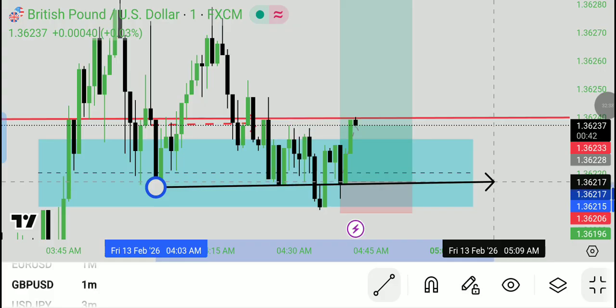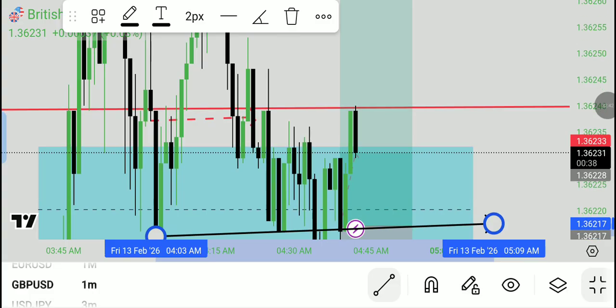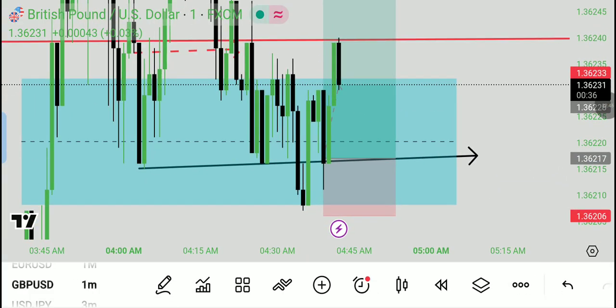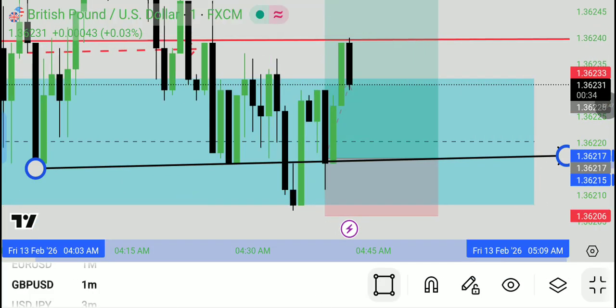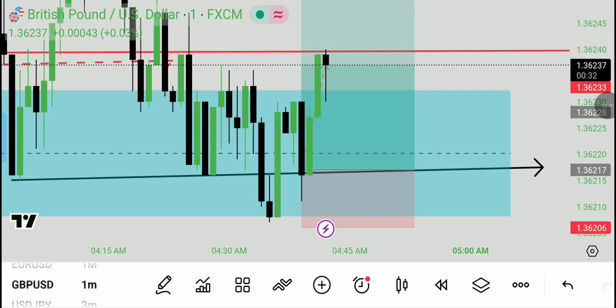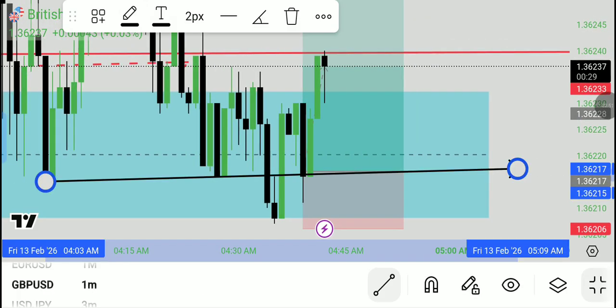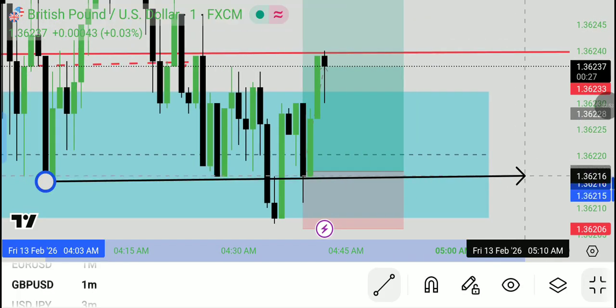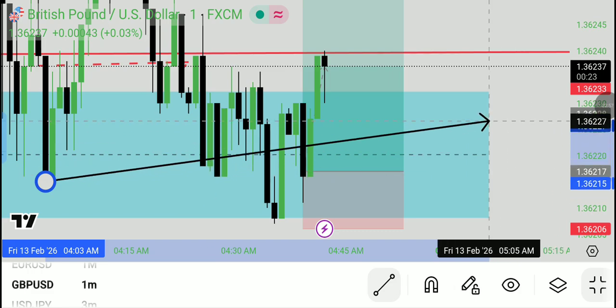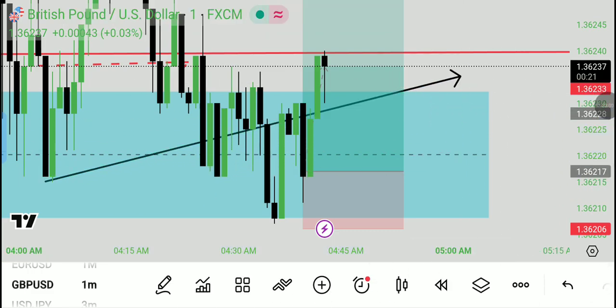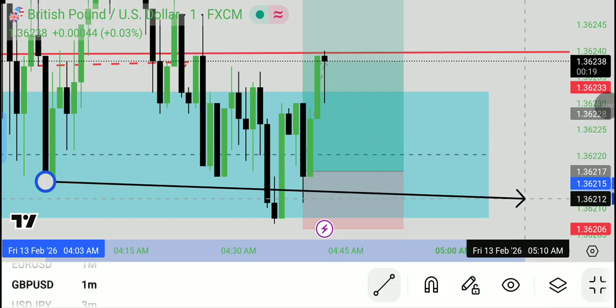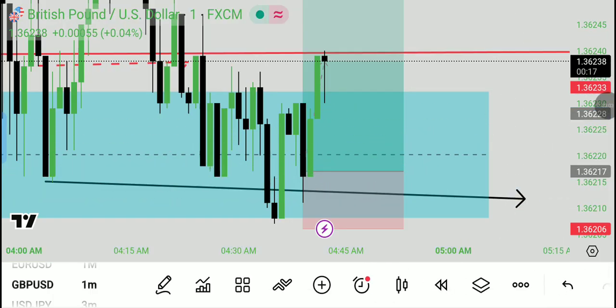Then it comes down to it again and rests on it. You can see it drops, gap, imbalance, and it comes down to the imbalance.